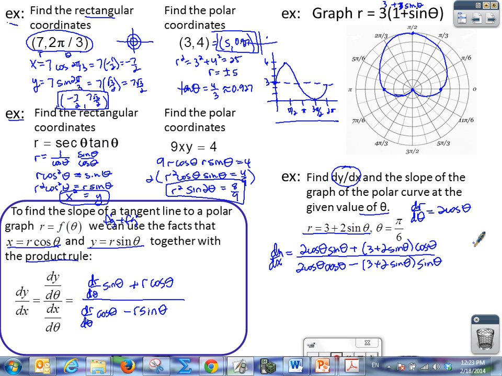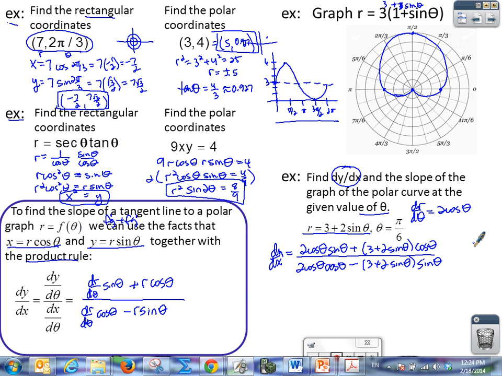Now, if your purpose is just finding a slope value, you can really just take that pi over 6 and sub it in 8 different places. Okay, my preference would be to shrink the number of times I have to do arithmetic. You guys know how I am with arithmetic. I would rather do some cleaning up of this and then sub the pi over 6 in than just jump into it. If you want to jump in and sub the pi over 6 in, go for it.